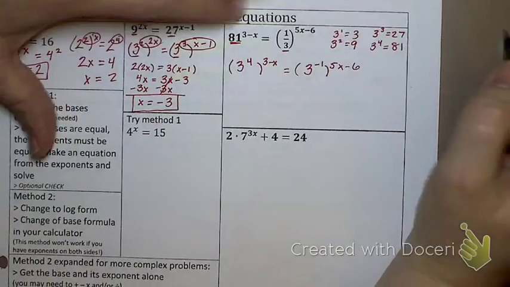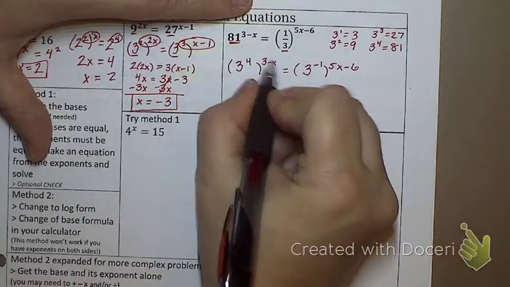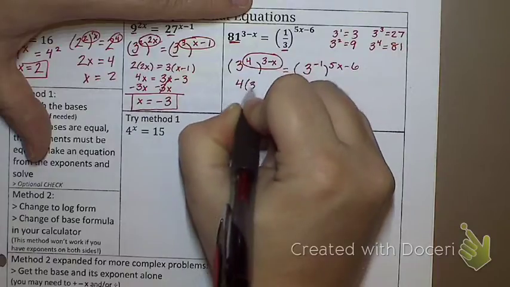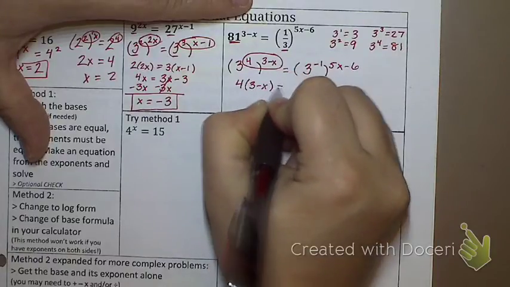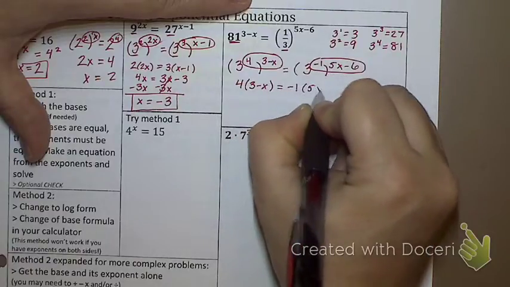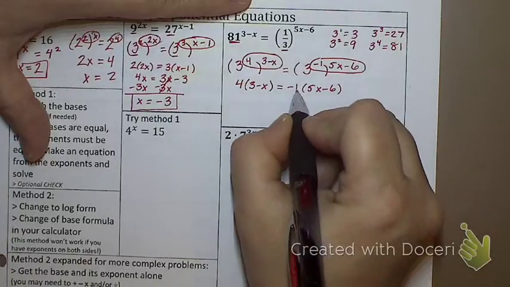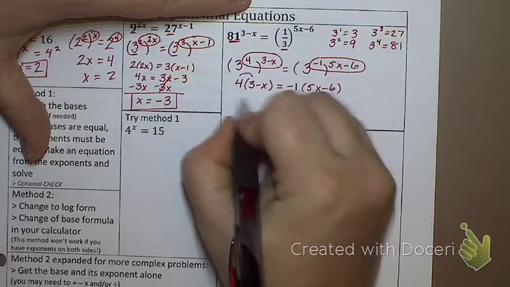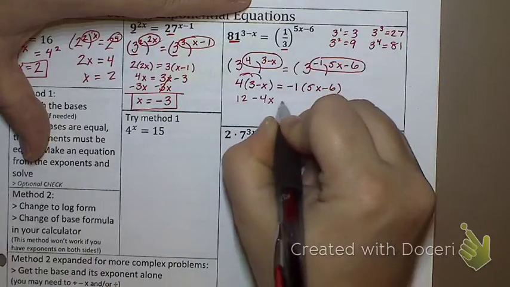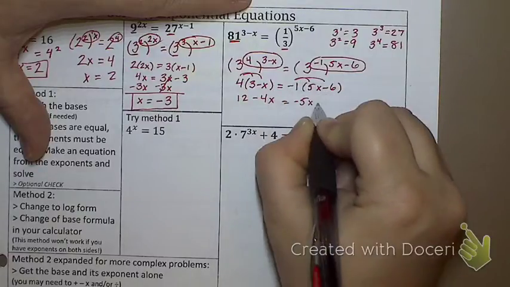So far, so good? Do I have bases matching? So what can I do? Look at my exponents. 4 times 3 minus x equals negative 1 times 5x minus 6. So let's see, I have 12 minus 4x equals negative 5x plus 6.